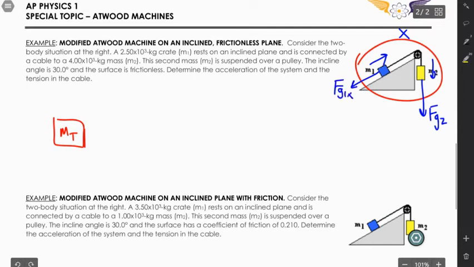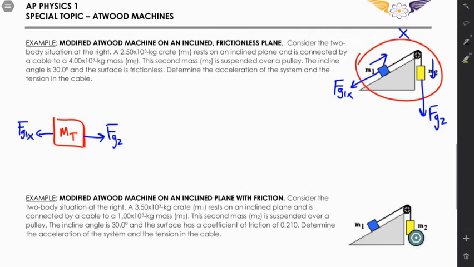Remember, anytime you have an incline, the weight is not the full weight, it's a piece of the weight. So here's my free body diagram. I have FG2 trying to pull it positive, and then I have FG1X trying to stop it, trying to say, no, I don't want you to go.